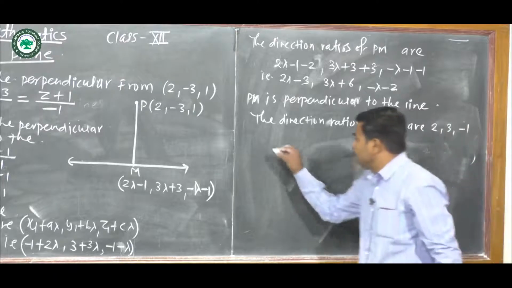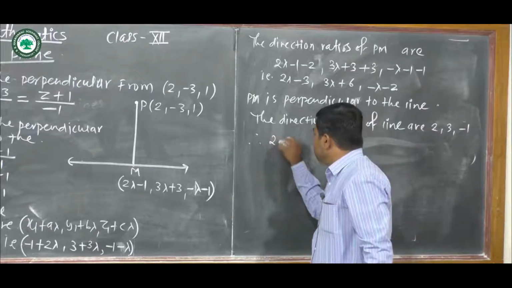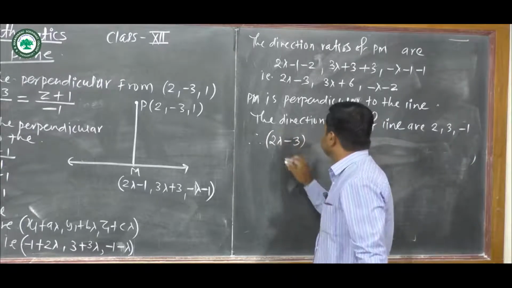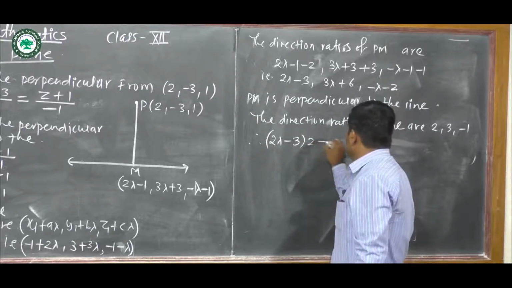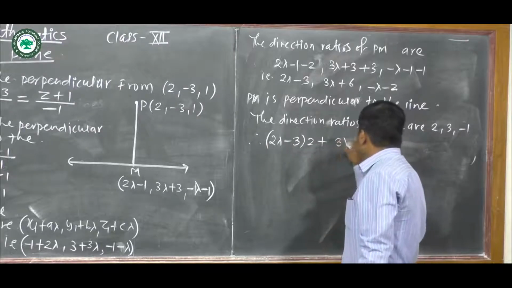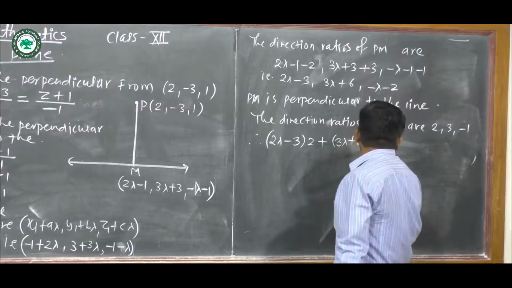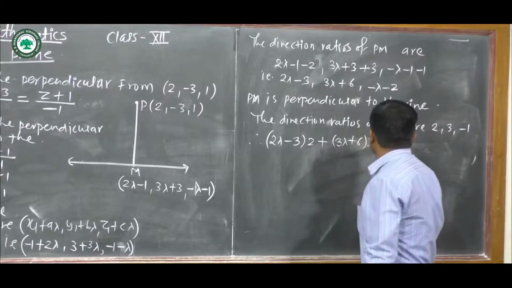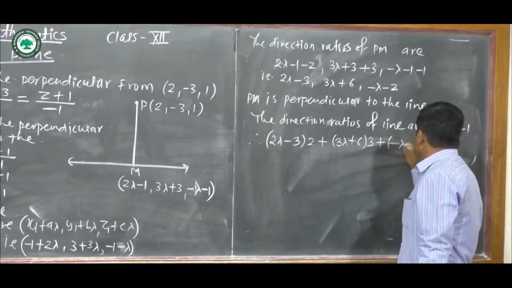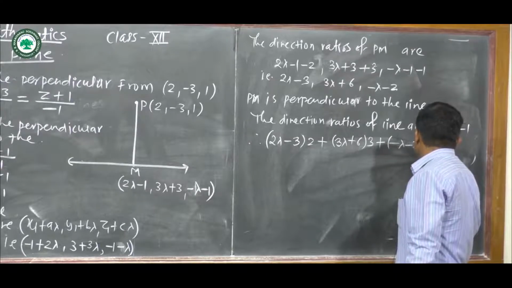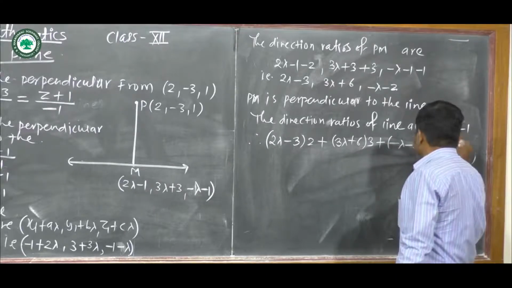So therefore we have 2 lambda minus 3 into 2 plus 3 lambda plus 6 into 3 plus minus lambda minus 2 into minus 1 is equal to 0.